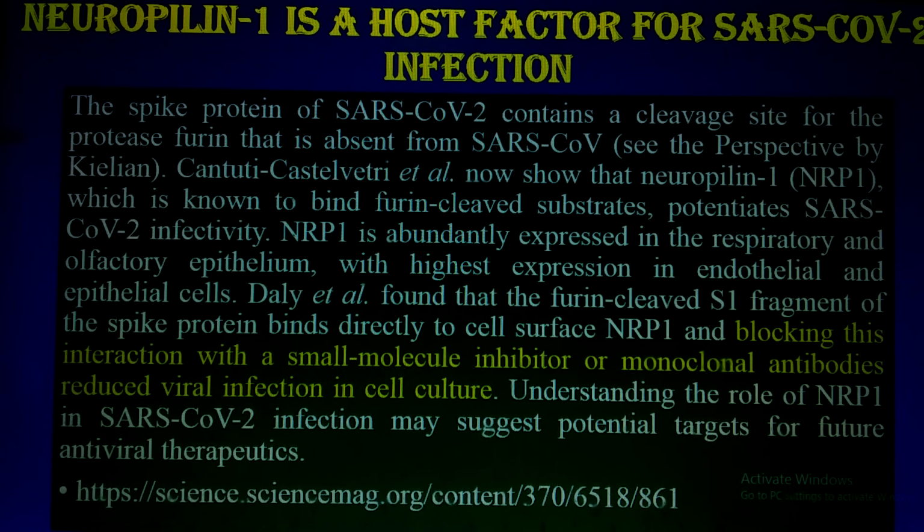This neuropilin binds to the S1 subunit of the SARS-CoV and activates it. So SARS-CoV easily enters into the host cell and causes the infection. So this is all about furin, proteases, and neuropilin, and most important ACE2 and transmembrane proteases.